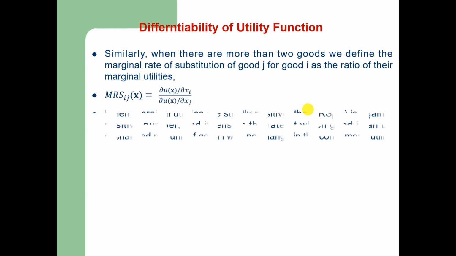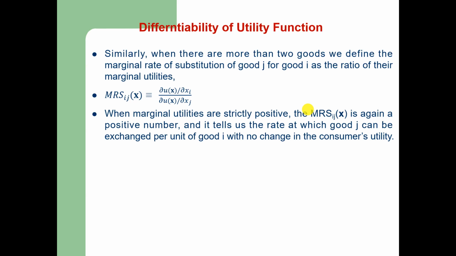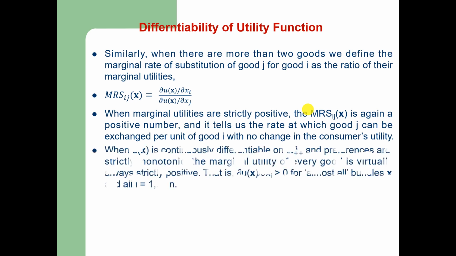When marginal utilities are strictly positive, the marginal rate of substitution of i for j of the given consumption bundle is again a positive number, and it tells us the rate at which good j can be exchanged per unit of good i with no change in the consumer's utility. It means that marginal rate of substitution basically shows the rate at which one good is substituted for another along the same indifference curve, and then there is no change in the consumer's satisfaction or utility.